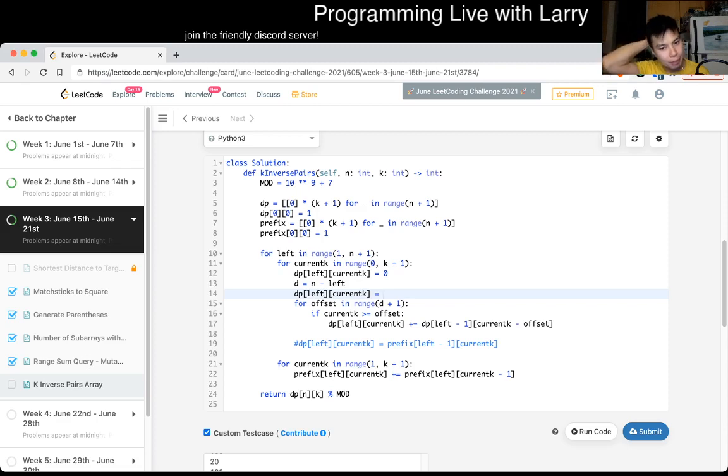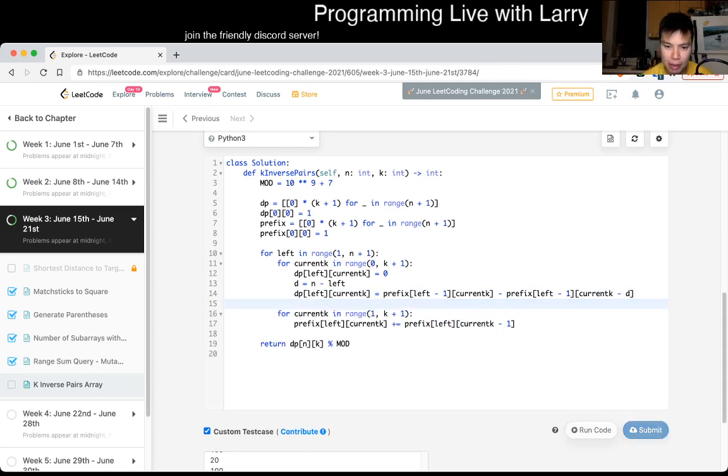Oh, I see. So what we want now is, again, and this is prefix sum, so the prefix of left minus 1 of current k minus prefix of left minus 1 of current k minus max offset, which is d. Something like that, maybe?